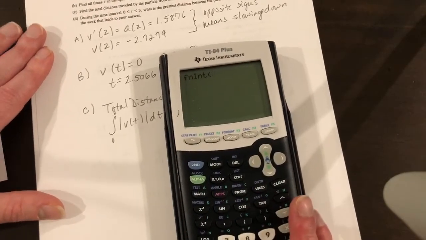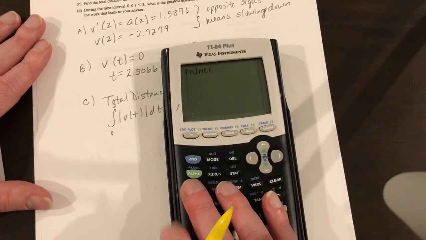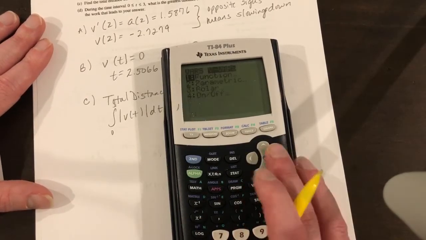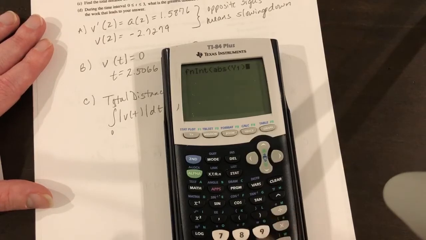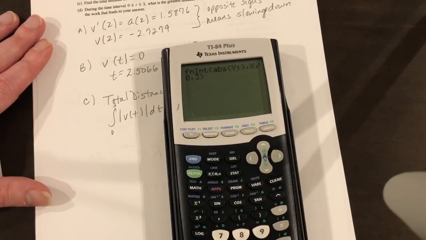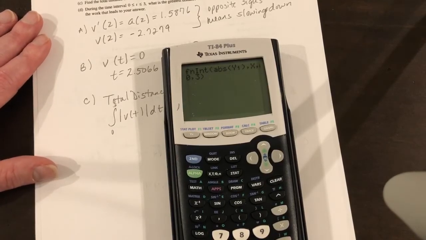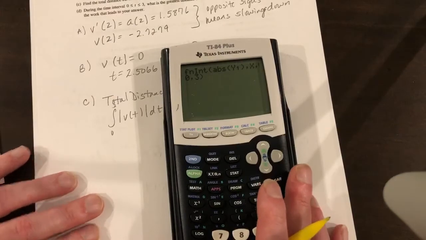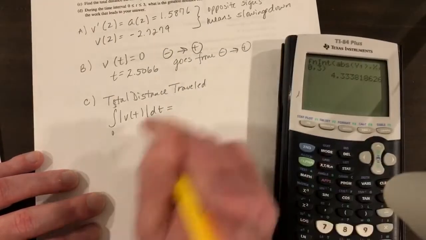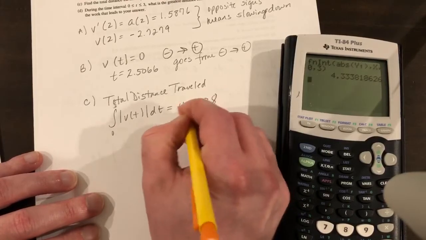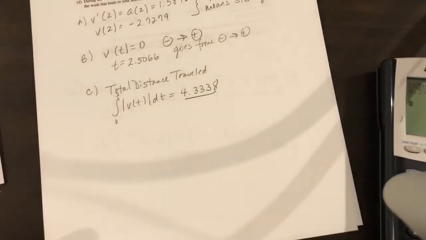That brings up our integration. And then to do absolute value, you hit math, number, ABS. Everything stored in Y1. Close that, comma X, comma 0, comma 3. And you should get 4.338. Okay, so that's total distance traveled.